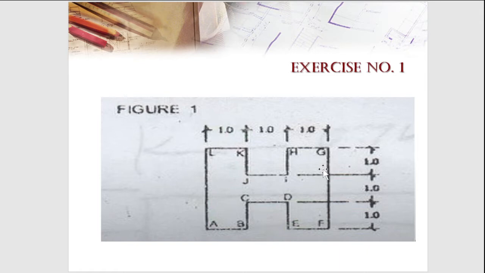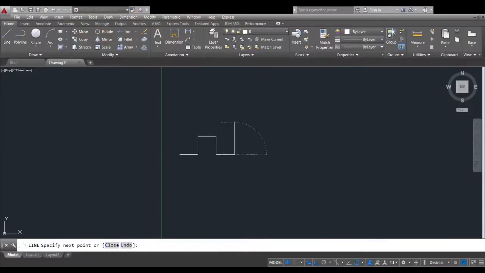So 1, 2, 3, making the coordinate of point G the same 4 and 13. So, 4 comma 13. So don't forget the hashtag 4 comma 13.